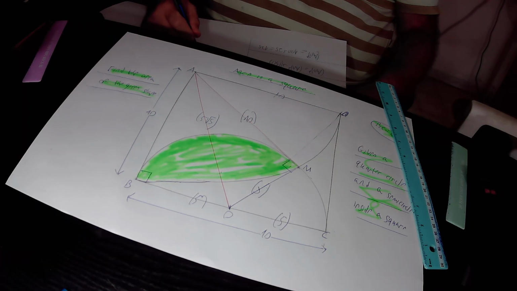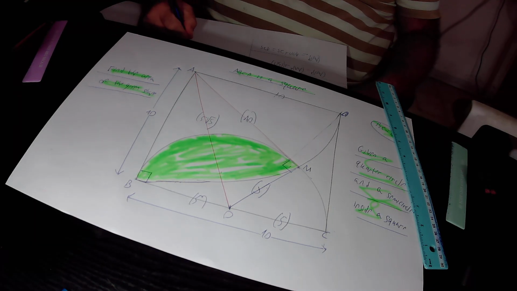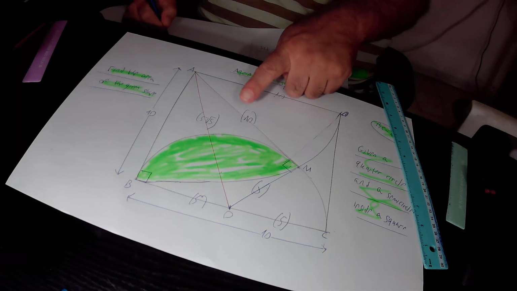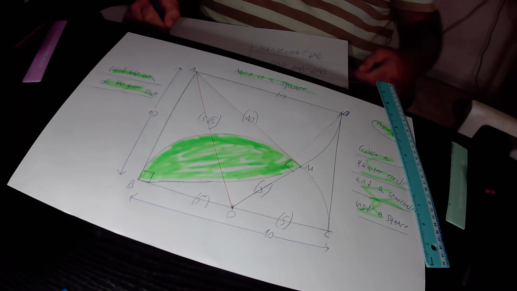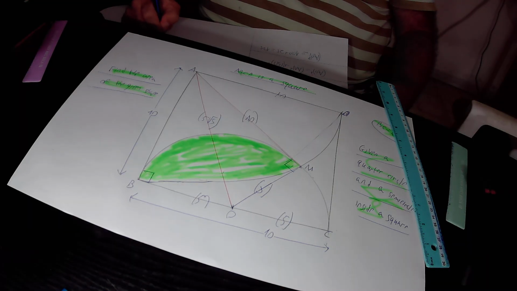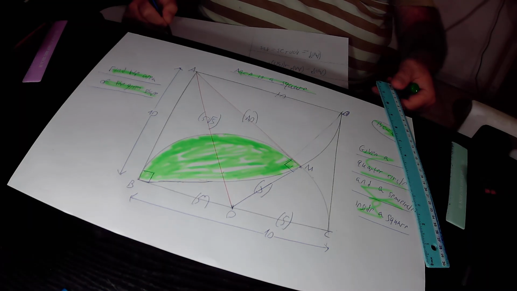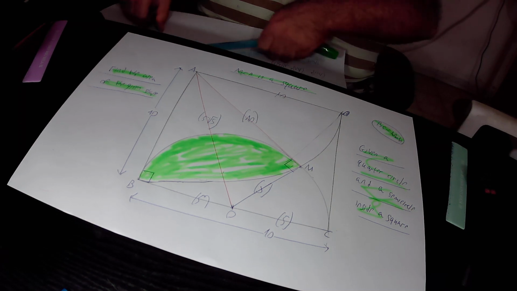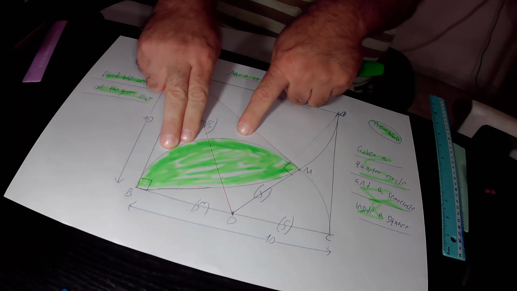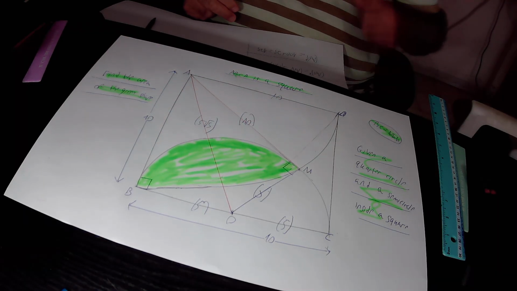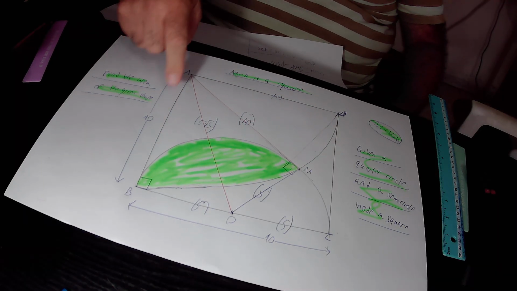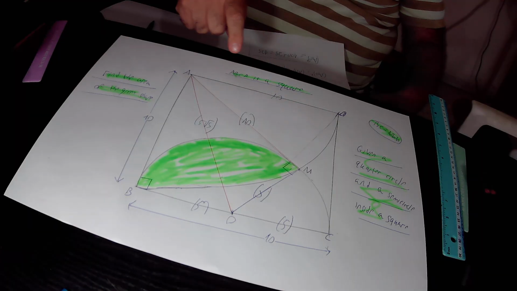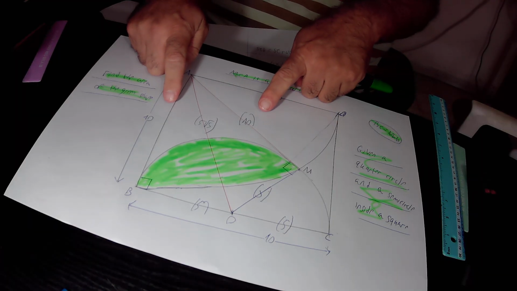We prove that the right triangle ABO is congruent to the right triangle AOM according to the side rule. First of all, AB equals AM, both equal to 10, therefore they are equal to each other.